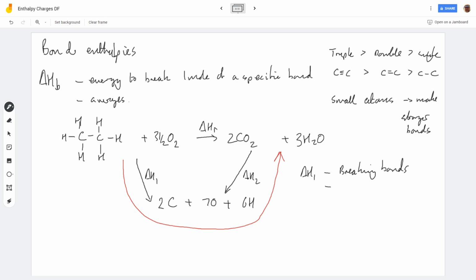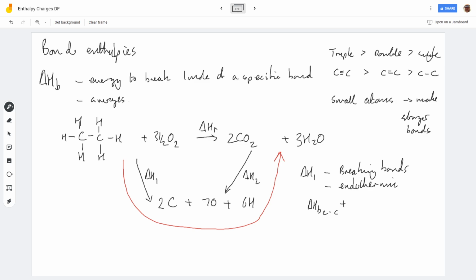Breaking bonds is endothermic. Okay, and in this case, what we're doing is we're breaking the enthalpy change for a bond between carbon-carbon. So we're breaking this bond here.